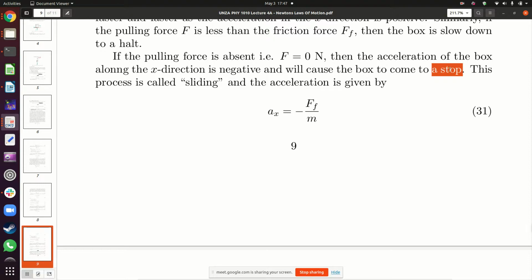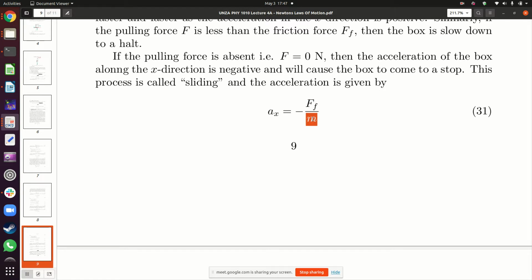But the point really is this: when an object is sliding, the acceleration of that particular object is equal to minus the friction force, whatever the friction force is. This object is moving, so the friction you're talking about here is the kinetic friction force, divided by the mass of that particular object. So you get your value of acceleration.